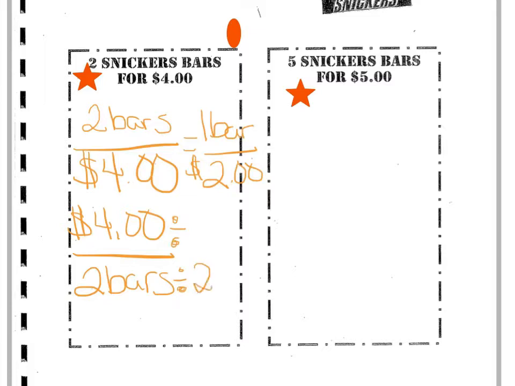So we obviously need to divide by 2, and that leaves us with $2 for 1 bar. So our unit rate is $2 for 1 bar.